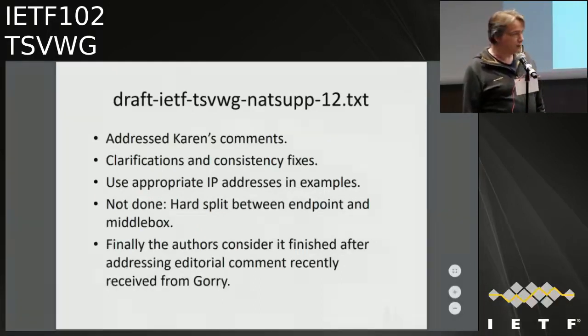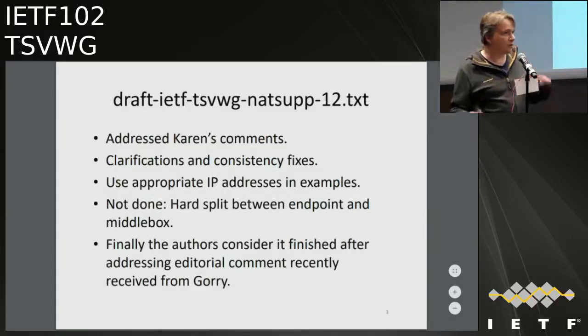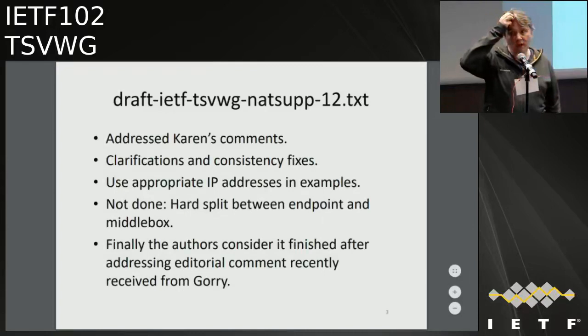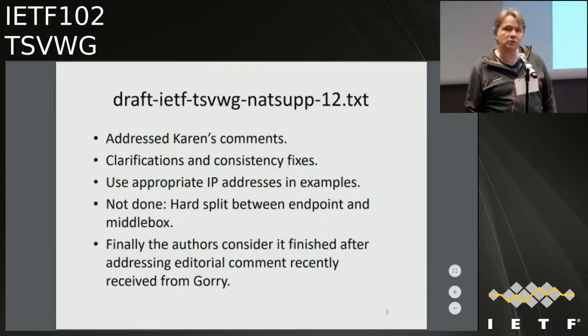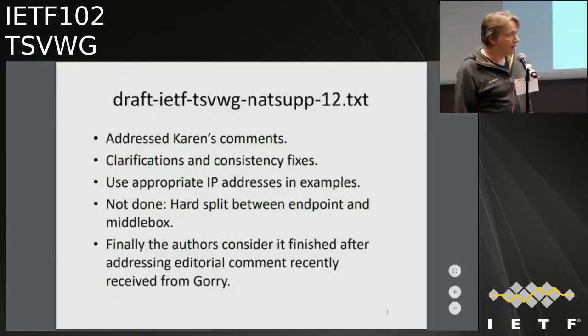We have finally addressed comments from Karen we got some time ago. I went through the document, clarified a lot of things, looked at consistency, figured out that we were not using the IP addresses we should use for examples and drafts. I changed that. There was one comment raised some time ago that this document should be split in, let's say, about 2 parts.